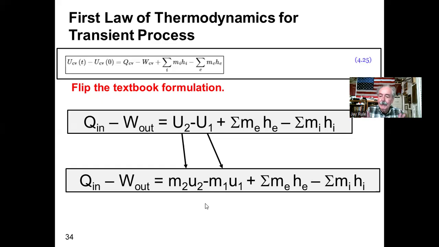Now, an admission. Even with this simplification, I do not have this fundamental in my head. Whenever I have a homework problem, or even a practical problem when I'm working for a living, I have to go back and refresh my memory, go back to the textbook, back to my own notes, and bring this back out as I'm solving a problem.